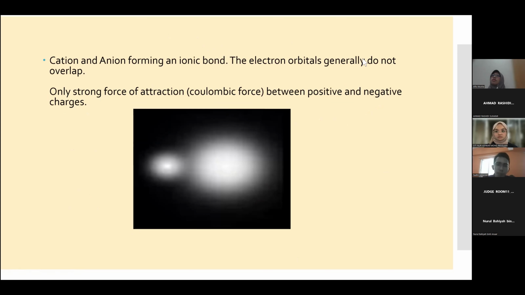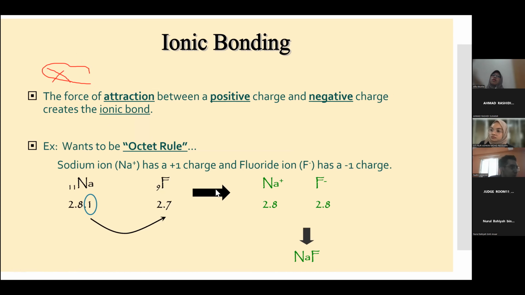But in ionic bonding, there is no overlap, because the sodium ion gives the electron to the fluoride ion. There is no orbital overlap because it's about loss and gain. It's about I give you and you accept me.